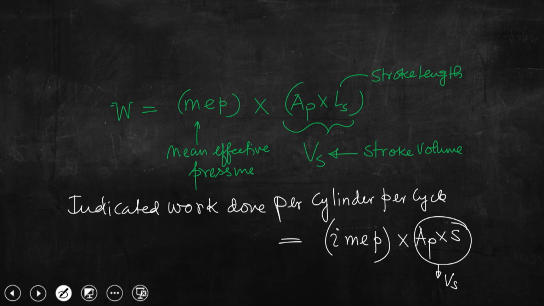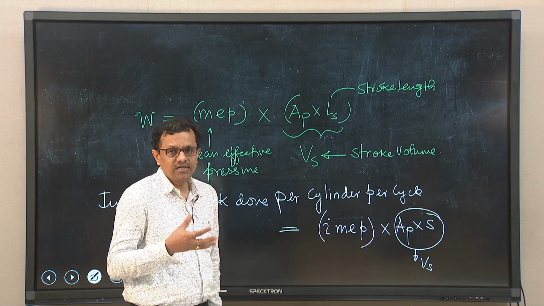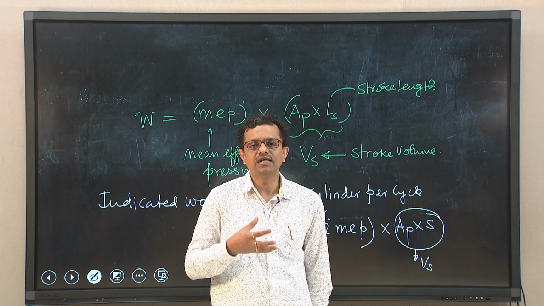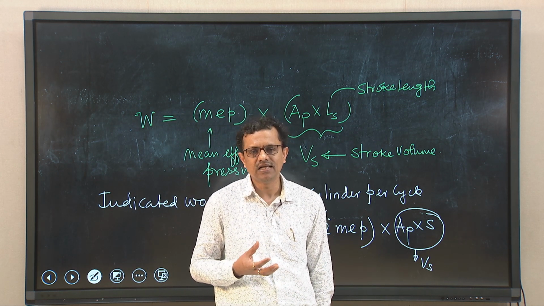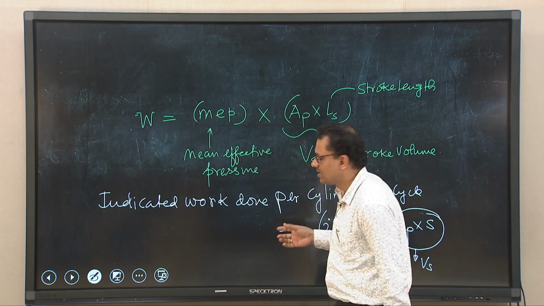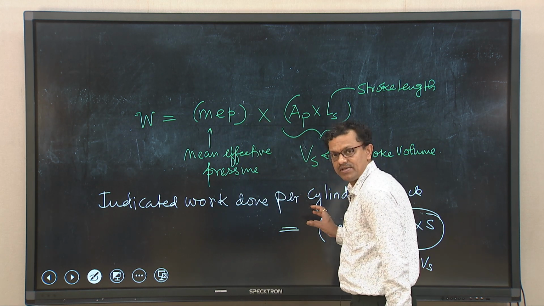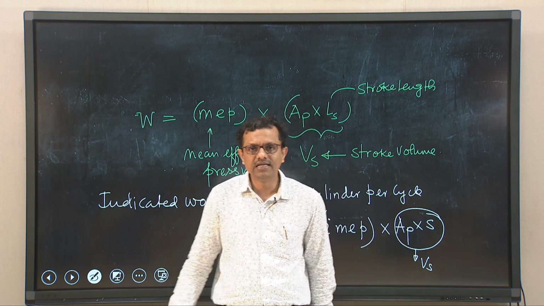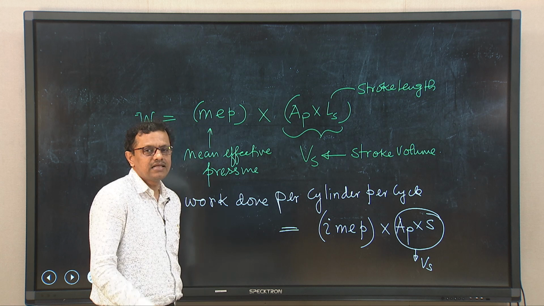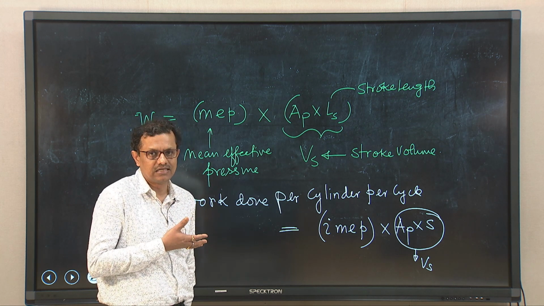Okay. So, as determination of work done or indicated work done is very important to predict the performance of the engine, next we shall discuss one method to calculate or to have some quantification of indicated mean effective pressure as the piston changes its location continuously inside the engine cylinder.